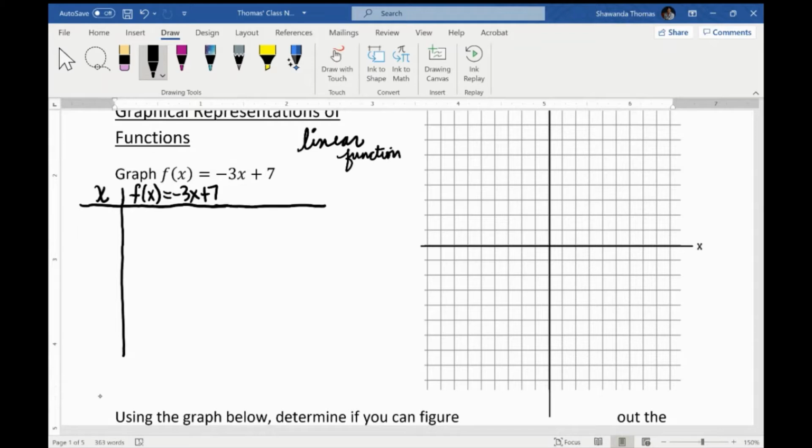And I'm going to draw another line. We're going to take our time graphing today. Then I'm going to say what is f of x, and we're going to write out the point like so. What numbers do you want to plug into x?